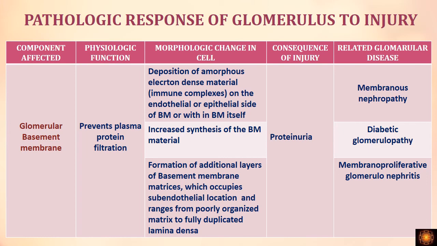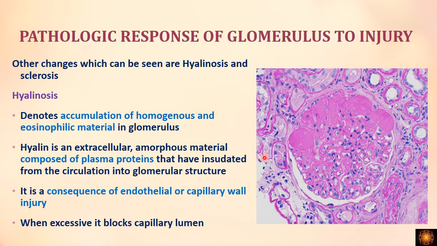Now there are a few other changes we have, that is hyalinosis and sclerosis. Hyalinosis means we have accumulation of homogeneous eosinophilic material. That's what we call a hyaline change. Wherever we have a homogeneous eosinophilic glassy material, we call it a hyaline change. Similar change we see in the glomerulus.